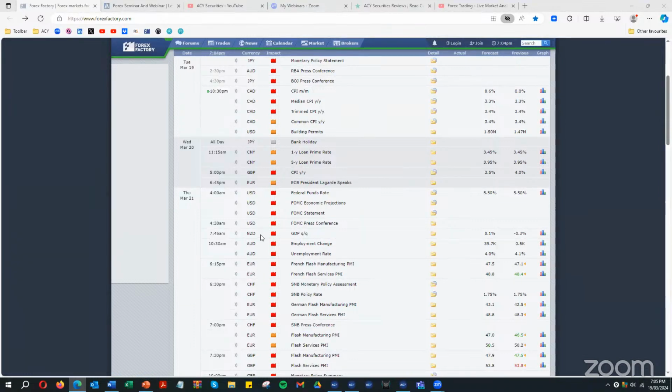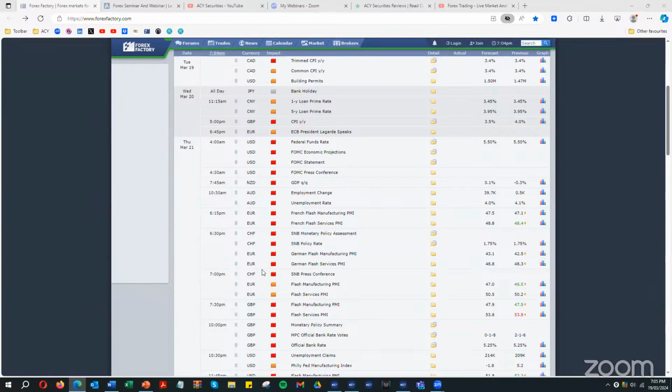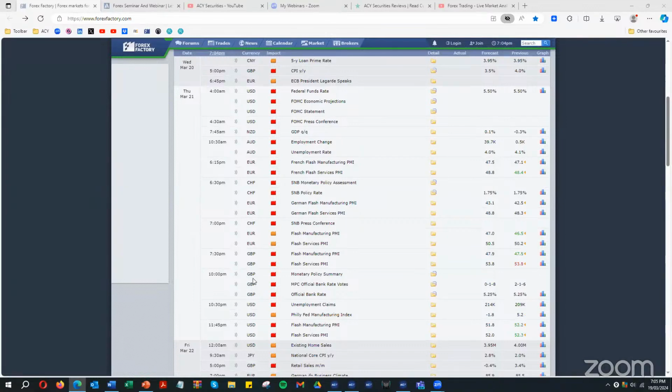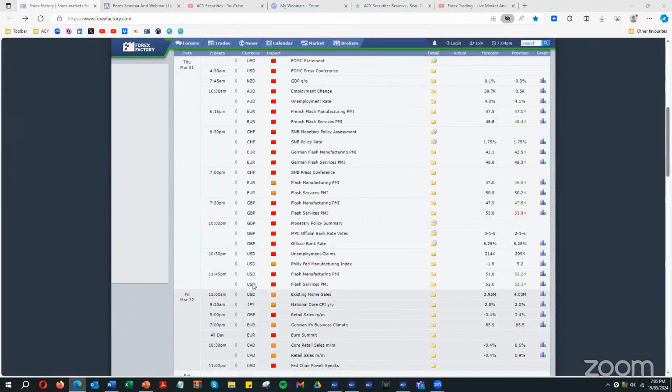New Zealand GDP QQ coming out at 7:45 Thursday morning. Employment change, 10:30 a.m. in the morning for the Aussie employment rate. Then we've got the flash services and manufacturing data coming out on Thursday for the Eurozone, French, German, UK, and the US.